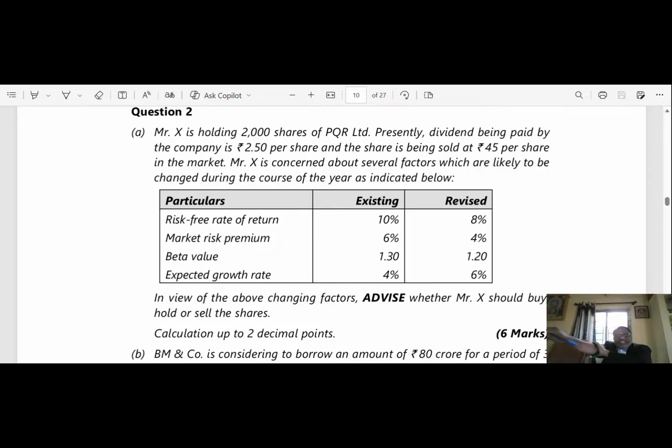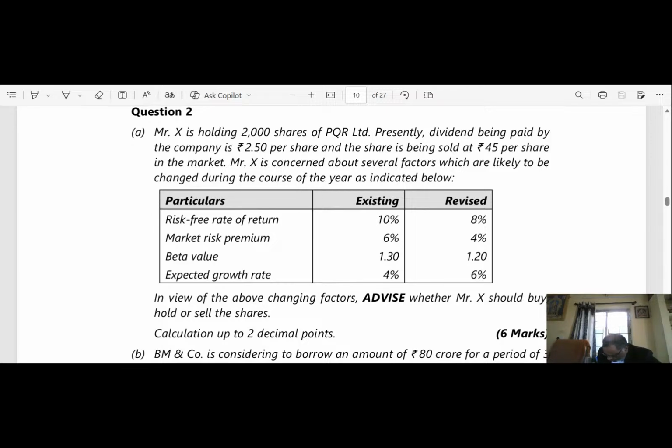The original price of share: P0 is equal to D into 1 plus G divided by KE minus G. So this is the formula.